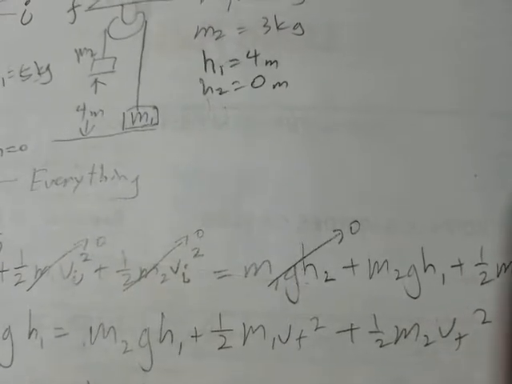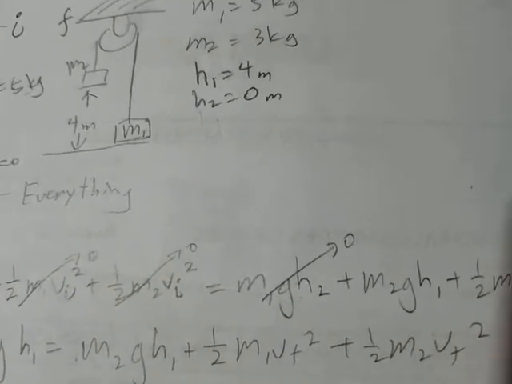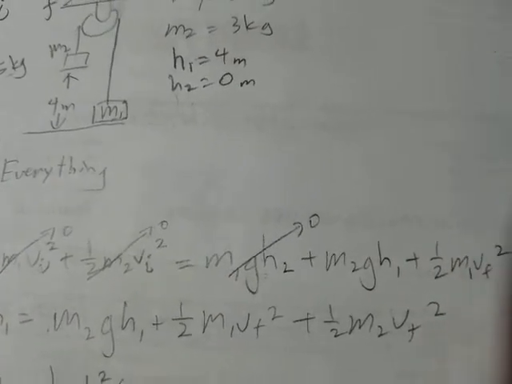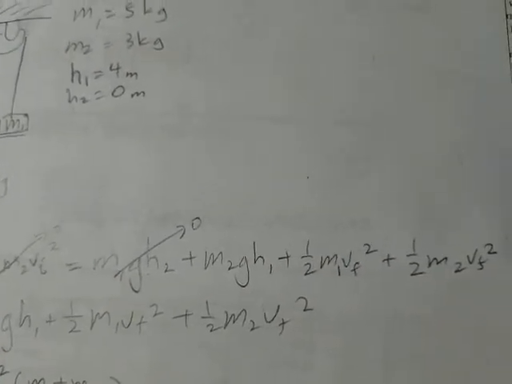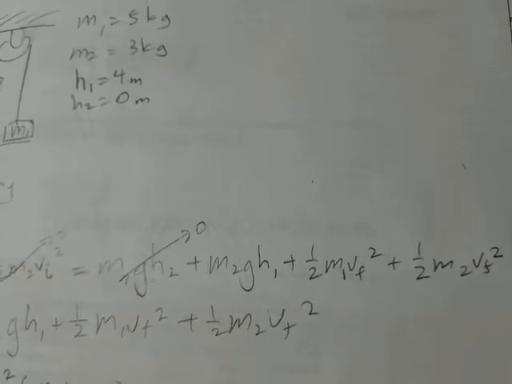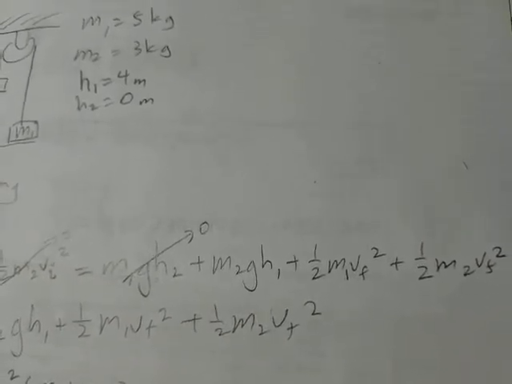So at the moment M1 hits the ground, height is 0, and we're solving for the velocity.